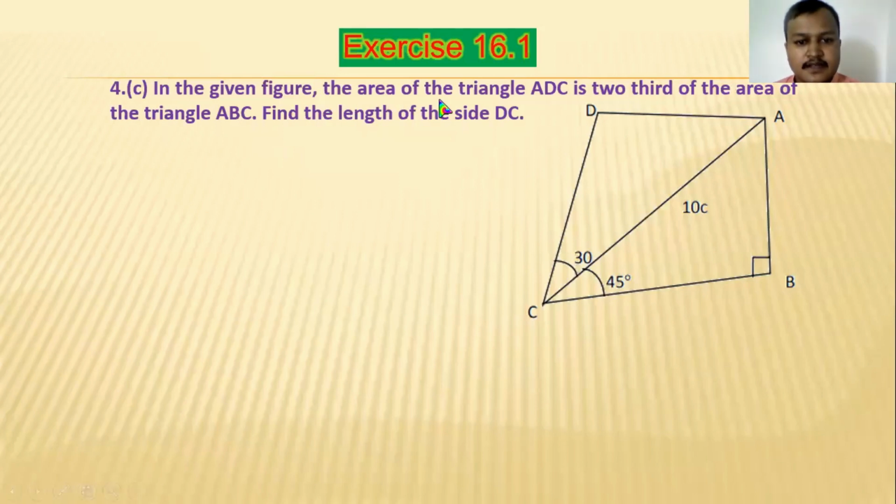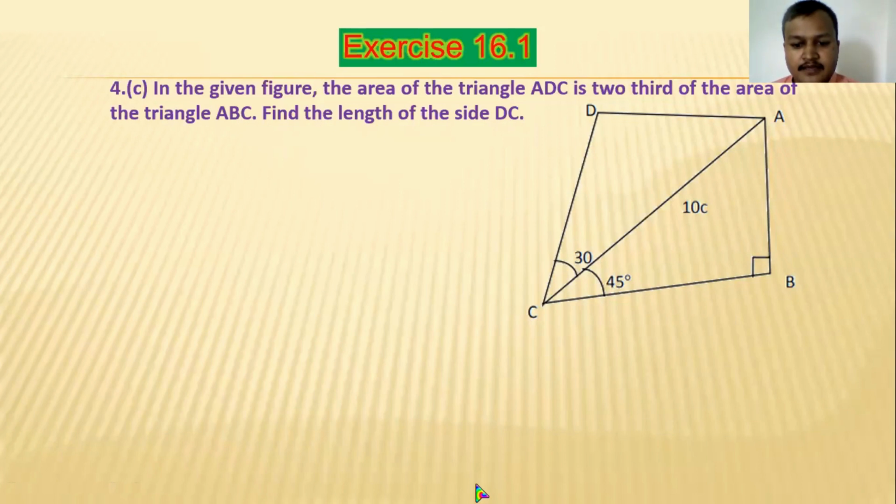In the given figure, the area of triangle ADC is 2/3 of the area of triangle ABC. Find the length of side DC. Here it is asked to find out the length of side DC. There are two triangles, so we have to look at both triangles.